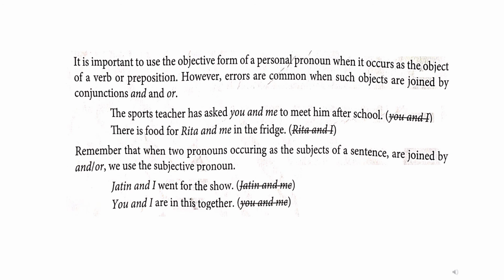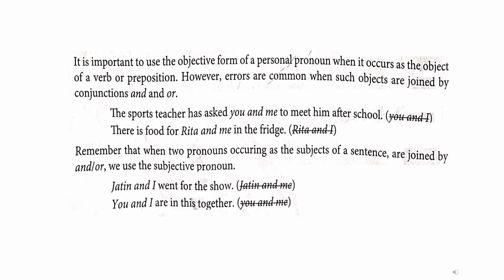It is important to use the objective form of a personal pronoun when it occurs as the object of a verb or preposition. However, errors are common when such objects are joined by conjunctions and or.